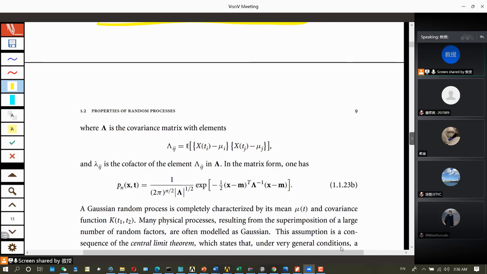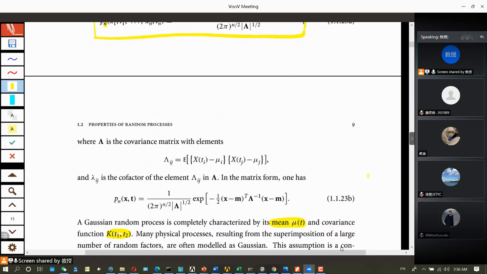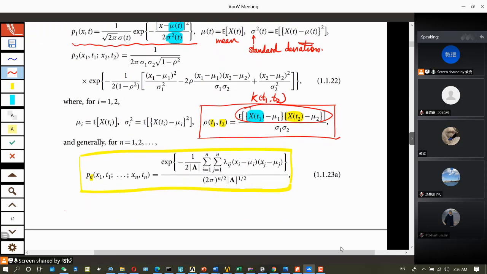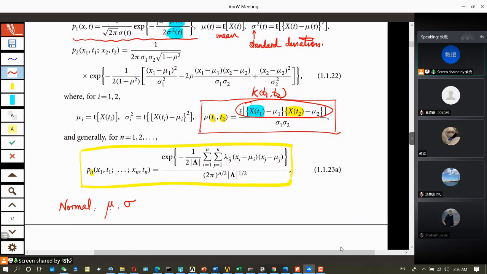density function. Okay, a Gaussian random process is completely characterized by its mean value and covariance function K(t1, t2), and this is the covariance function. Okay, as in the normal random variable, we need mean value and sigma. As long as you know the mean and standard deviation, you know the distribution.